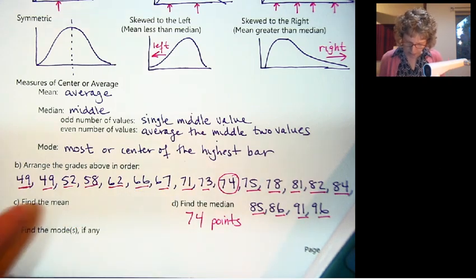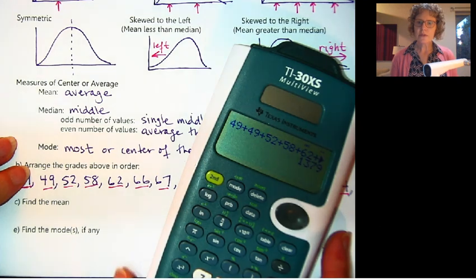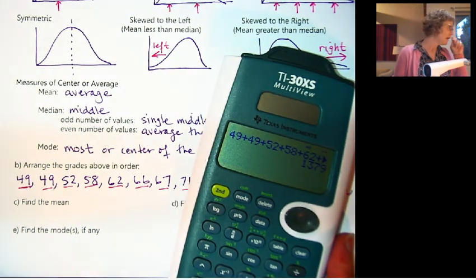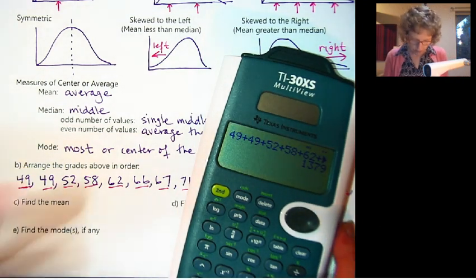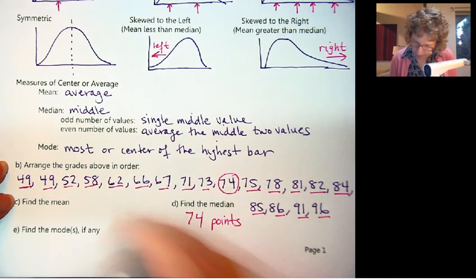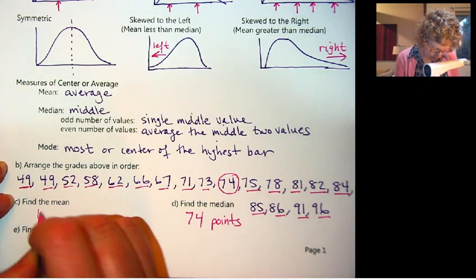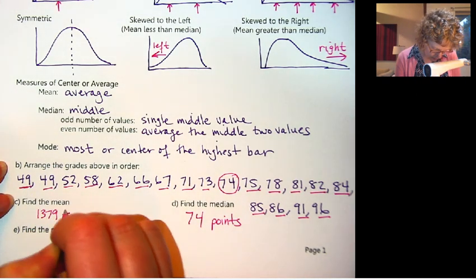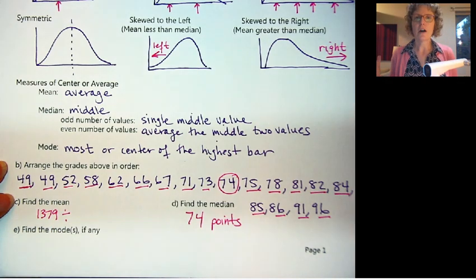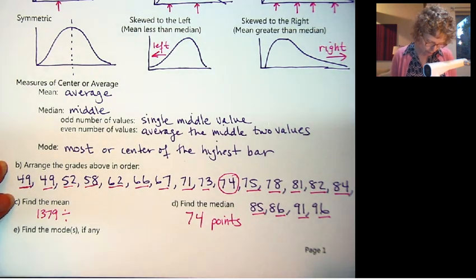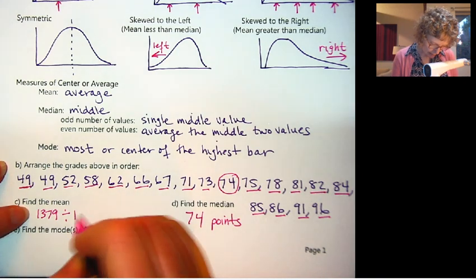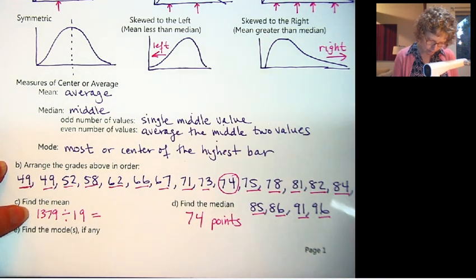Okay, so I got 1,379 for the total, and it's good to write down the total to show your work, because let's say you just were off by a number or two, you miskeyed something. I would know you did it right. You knew what you were doing, and you would get a lot of partial credit for that. Now we're going to divide by 19 because there are 19 numbers.